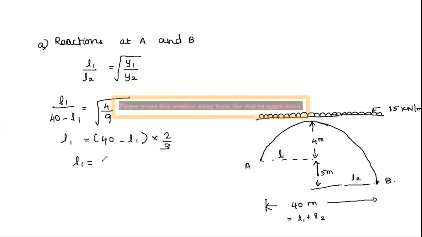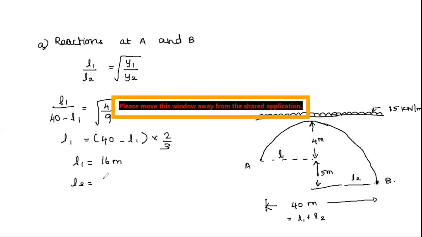So L1 is equal to 16 meter, which implies L2 is equal to 40 minus 16, equal to 24 meter.